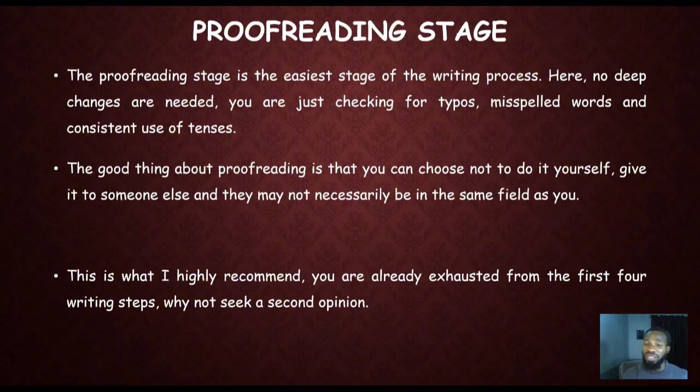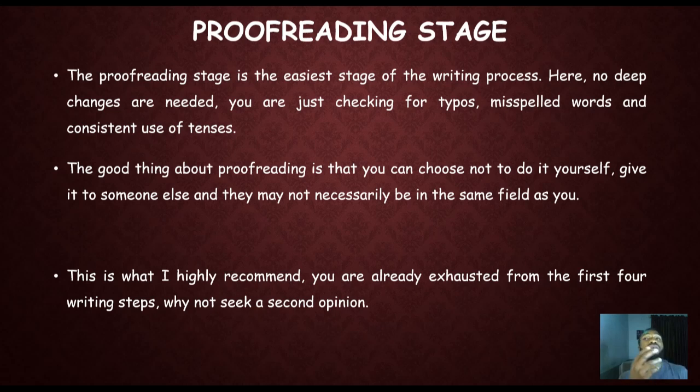The good thing about proofreading is that you may not choose to do it yourself. You can give it to someone else, and the person doesn't have to be in your field of study. The person doesn't have to be a medical lab scientist, or a lawyer. That is even better, so the person can check for consistent use of tenses, look at ambiguous words and ask questions.